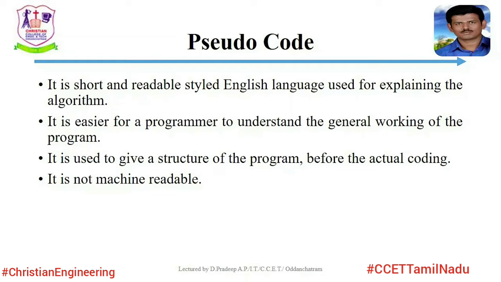The pseudocode is used by programmers. It is used to give a structure of the program before the actual coding is started. And one thing, it is not machine readable, and it does not depend on any particular programming language. It can be adapted for any programming language.